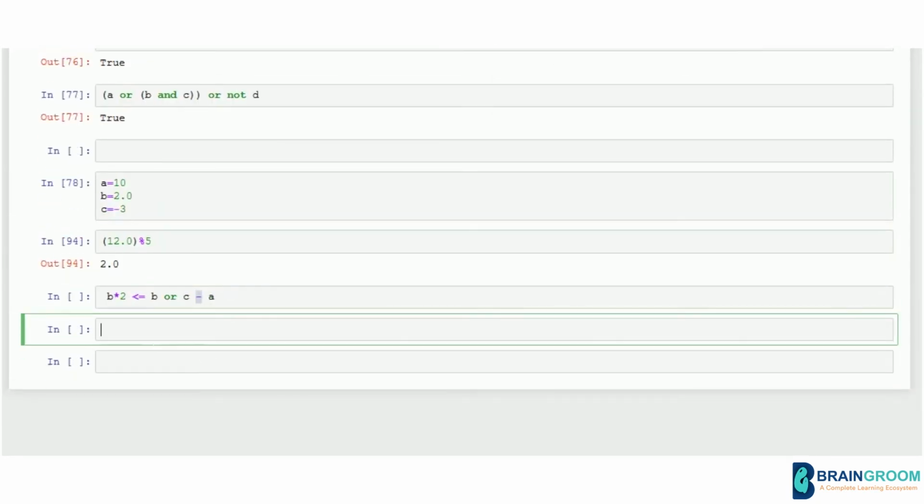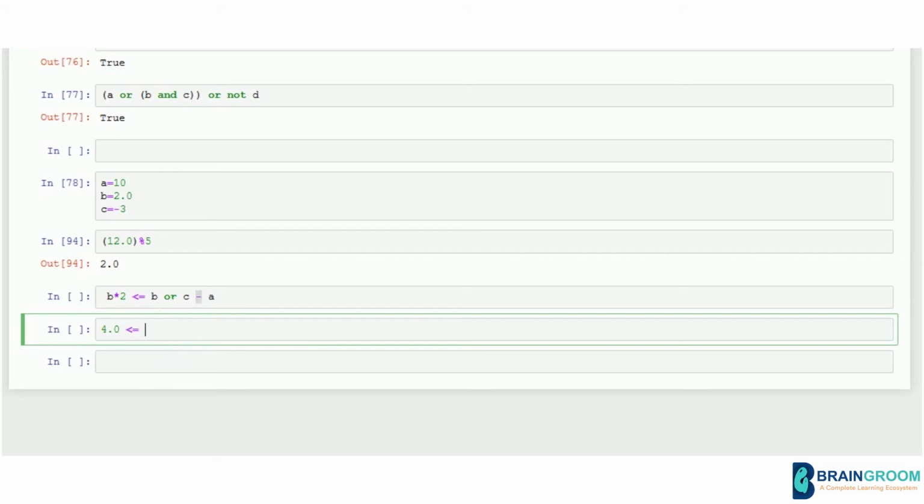So first evaluate your arithmetic operators. We don't have any brackets, so we can directly evaluate this. The value of b is 2.0, so 2.0 into 2 is 4.0, and we have less than or equal to, then we have b again.